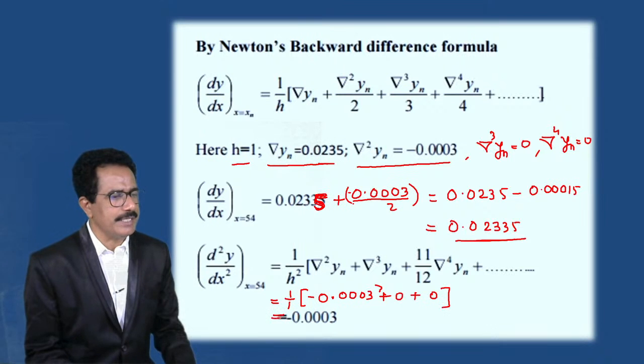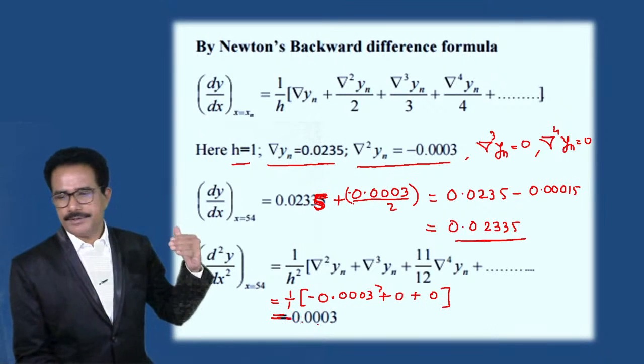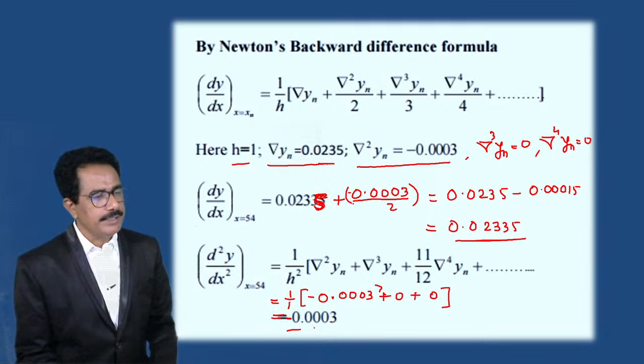So the final answer is minus 0.0003. This is the second derivative.